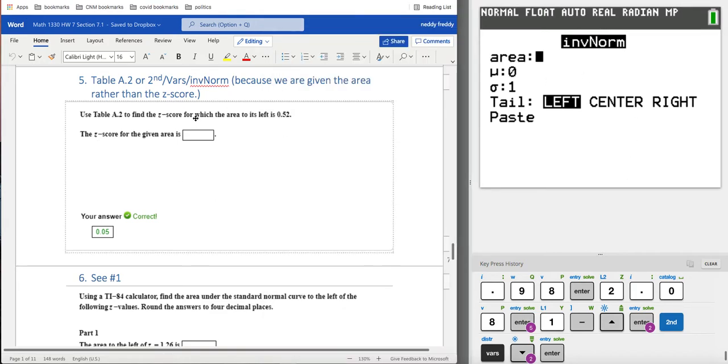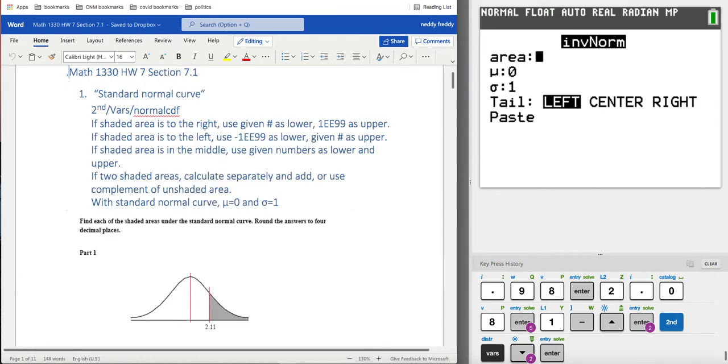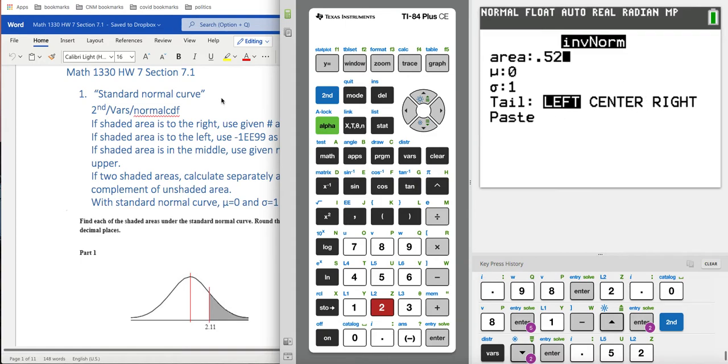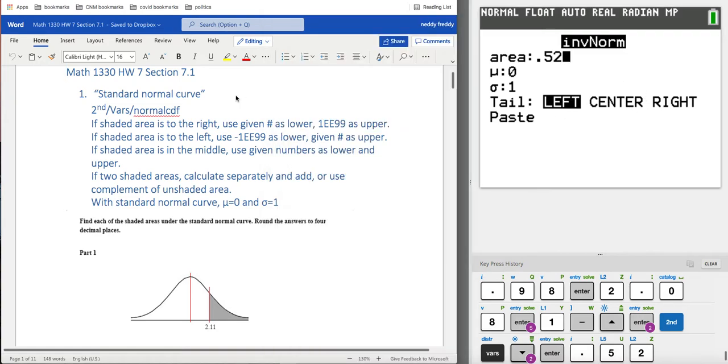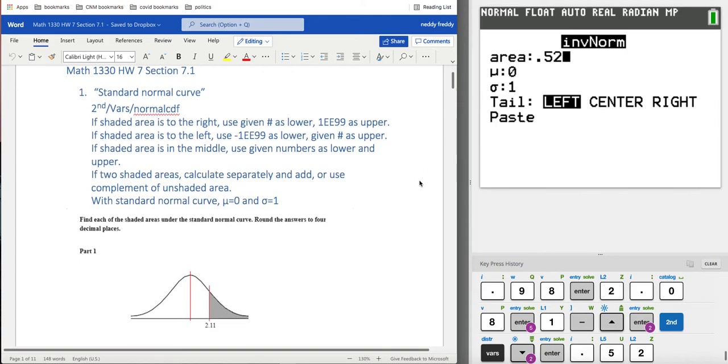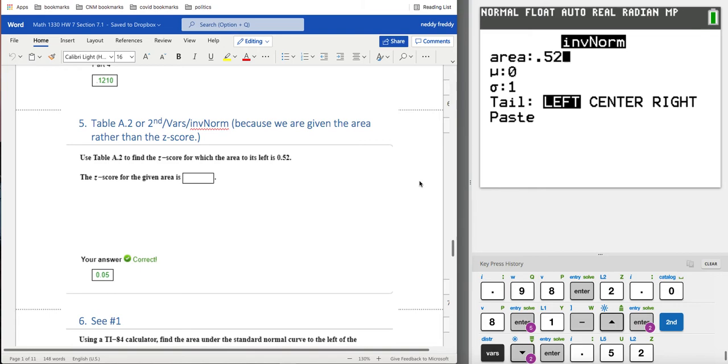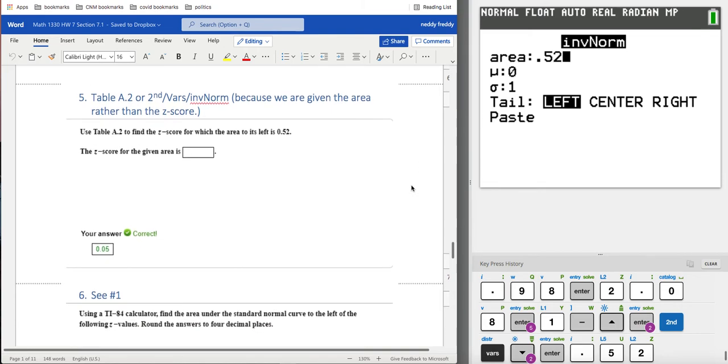And so if the area to the left is 0.52, now unfortunately, oops, messed that up. Okay, area 0.52. This one has this tail left, center, right, so this could be a very easy problem, but most of the calculators don't have that. The standard TI-84s don't.